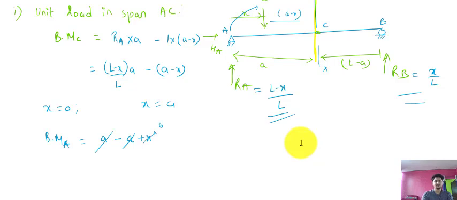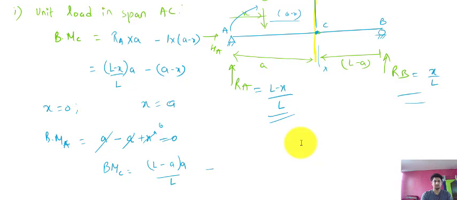Now for the second condition, when X equal to A, that means bending moment at C we are talking about. Put the value X equal to A: bending moment at C will be (L minus A) into A upon L, minus A minus A, which will be 0.